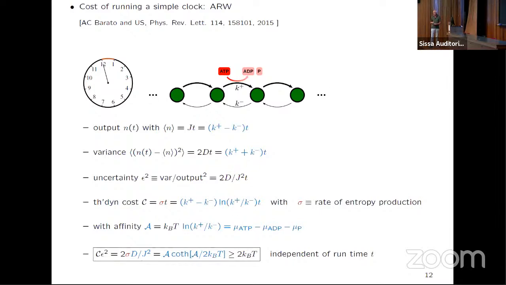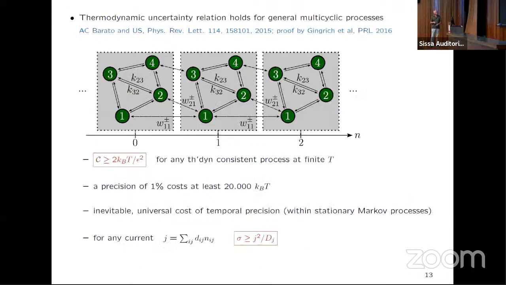Now, I wouldn't be talking about this if this was true only for this asymmetric random walk. But it turned out, and this is work with Andre, we looked at many networks, we did analytical case studies, we worked hard, but we were not able to deliver the proof, which was then given a year later by the MIT group.